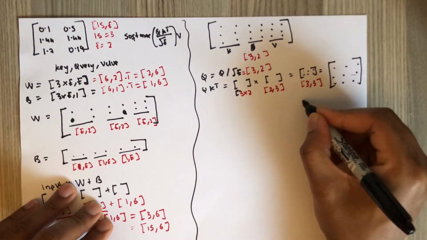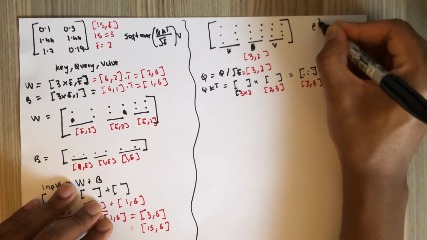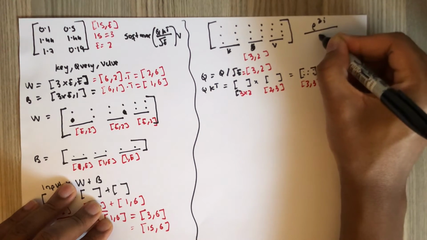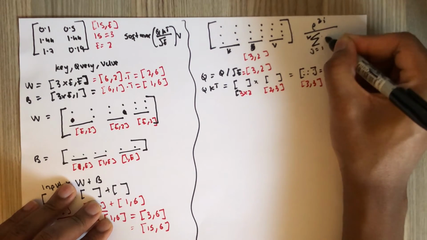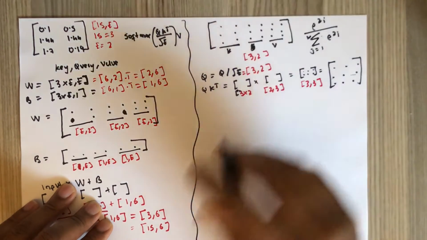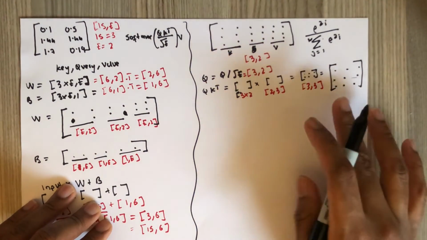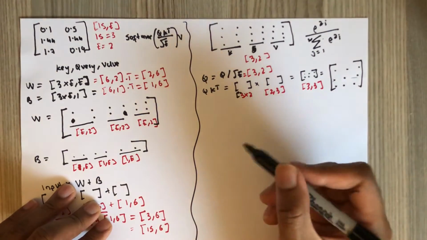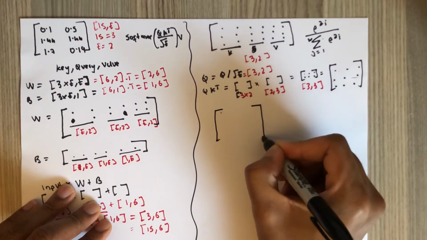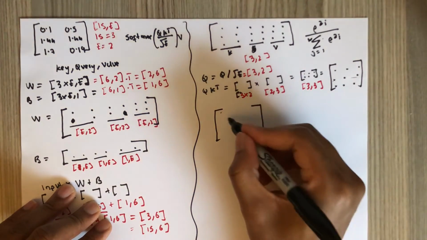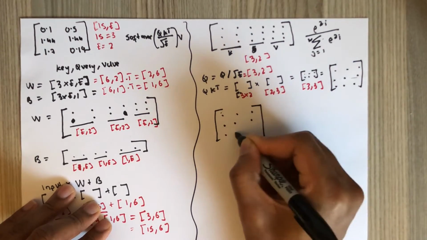The formula for softmax is, let me write it here: e to the zi divided by the summation of j from 1 to k of e to the zj. And when we take the softmax, we will end up with something like this. A very interesting tensor. The dimension will not change when we take the softmax.